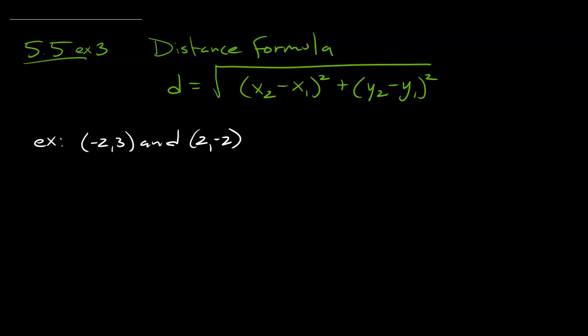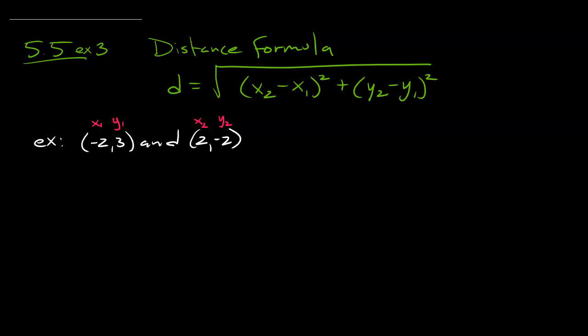The hardest part is identifying which number stands for what. If you need a reminder, and this is a great thing to write down: the first number is the x, the second number is the y, and the 1 and the 2 represent the first point and the second point. So this is the x number on the second point, the y number on the second point.